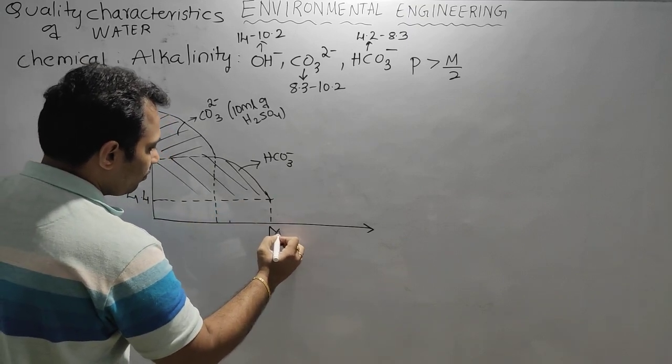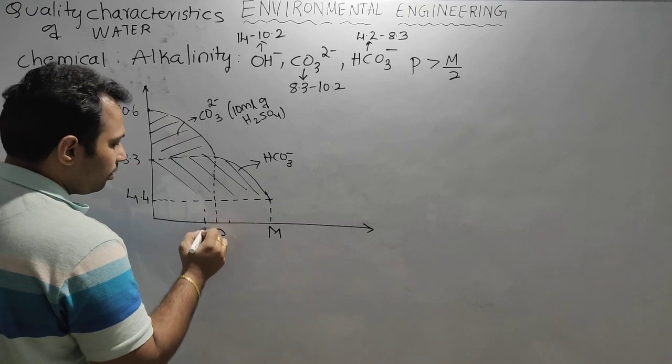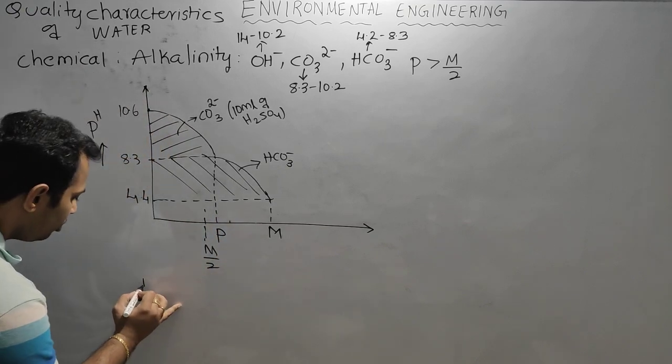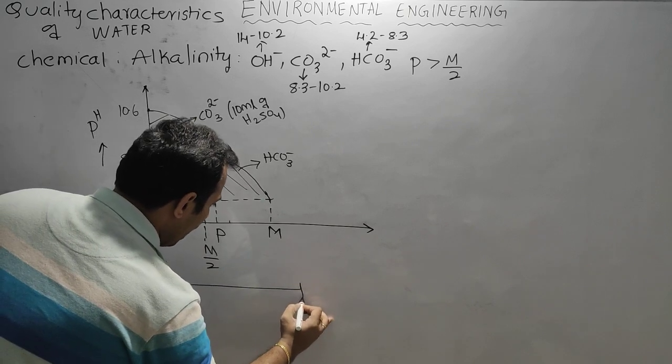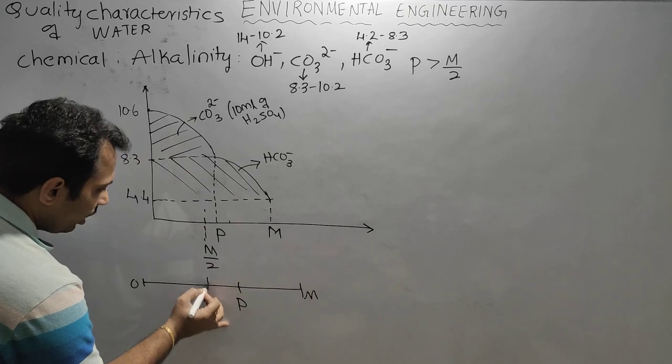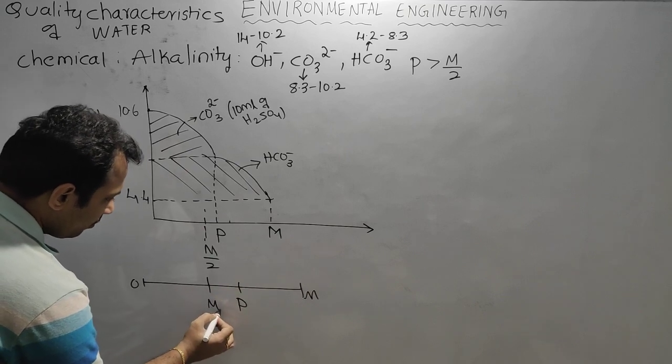This is M, this is P, and somewhere here this is M by 2. That means 0, M, this is P, and this is somewhere M by 2.